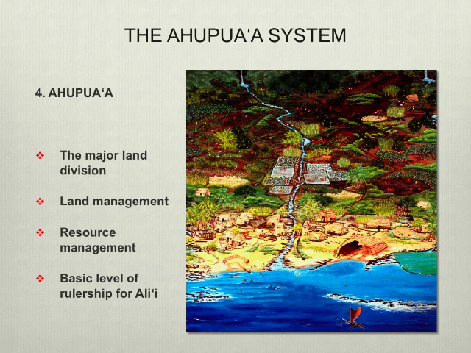Others conquered at larger levels like Kona, or as we see Kamehameha, all of the island chain. But the basic level of rulership was at the ahupua'a. When new rulers took over or became the ali'i, they would oftentimes give out to their constituents, their family and whatnot, ahupua'a to rule over.